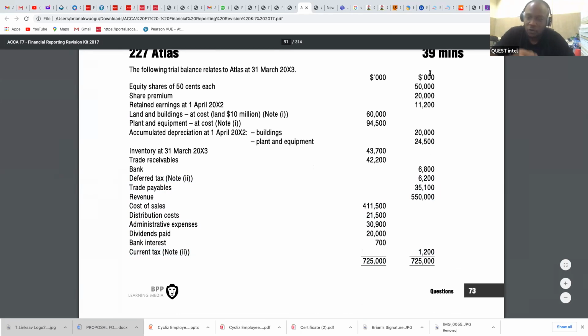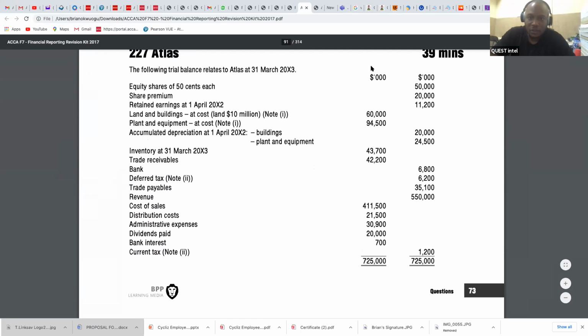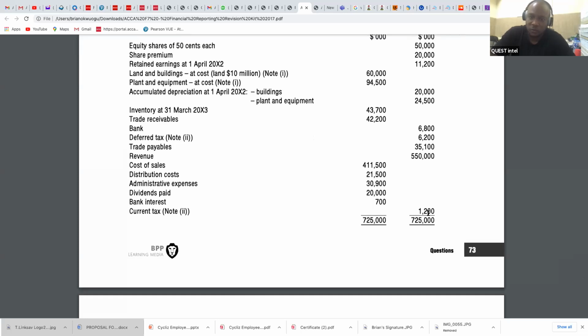With an over provision, you over provided, so you have an income that should reduce your future tax payable. An under provision means you under provided, so you should pay more tax in the future. So it's debit and credit for expense and income for the tax. This is credit, so it should be a negative.